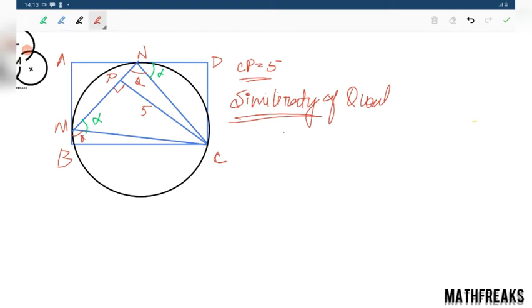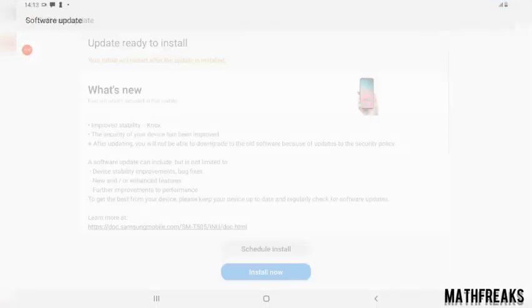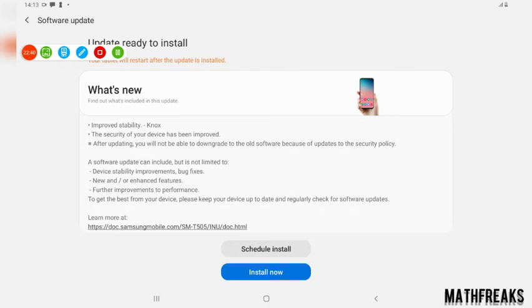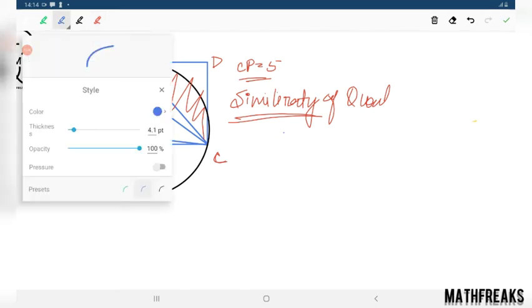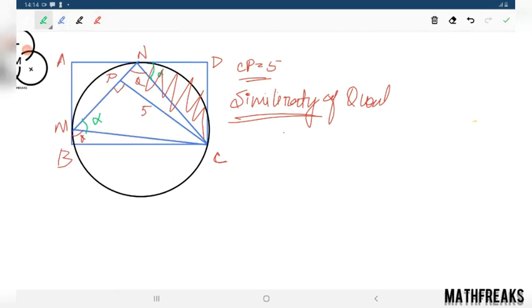Consider the quadrilateral, this D N P C. Let us consider this quadrilateral DNPC and PMBC. Sorry for the inconvenience. PMBC, this quadrilateral.